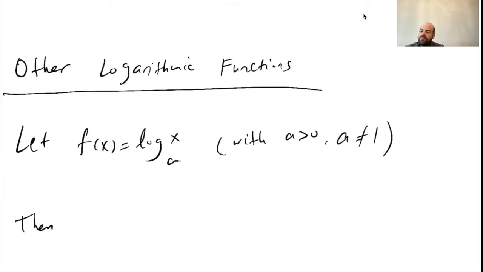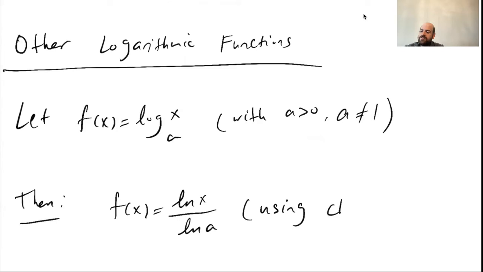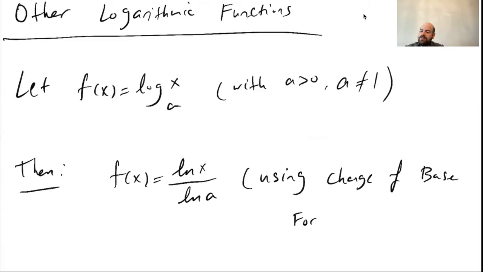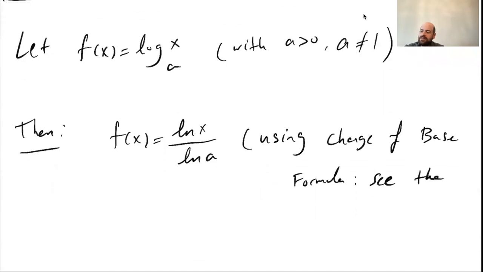Then how can we write f of x? We can write f of x as ln x divided by ln a using the change of base formula. This is a formula you saw in pre-calculus. Also, we had a review in the first lecture, so see lecture 1.